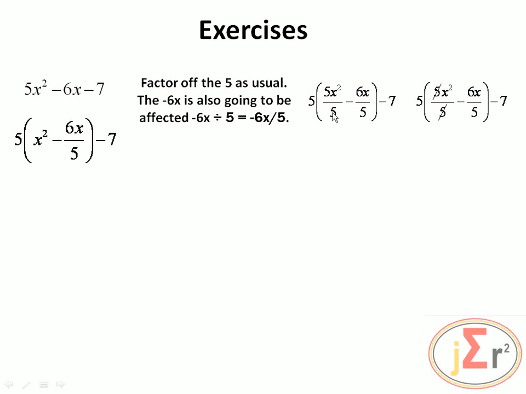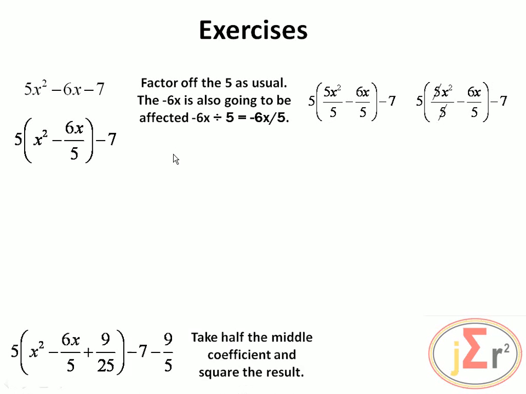And here we have the expression shown in detail where we take the common factor outside. Remember that we did that when we were factorizing at the most basic level. We took the common factor outside, then we divide each term by the common factor as usual. So that is why we have this. These will cancel, and of course 6x over 5 will not cancel, so we just leave that as 6x over 5.